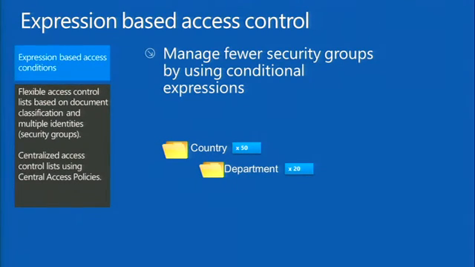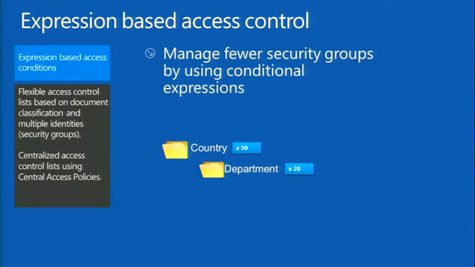So today, if I wanted to protect a folder, think about this folder structure. I have 50 countries, and below each country I have like 20 departments. How many security groups do I need to protect all these? That's correct, 1,000 security groups. That's simple math.